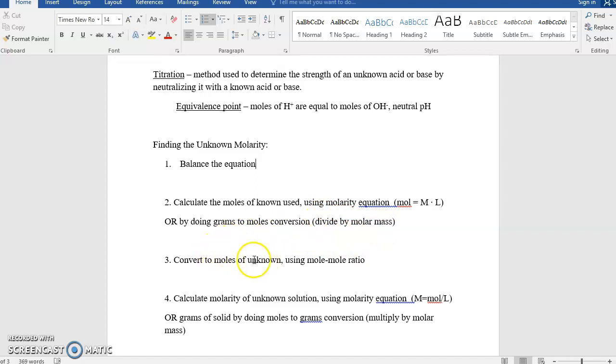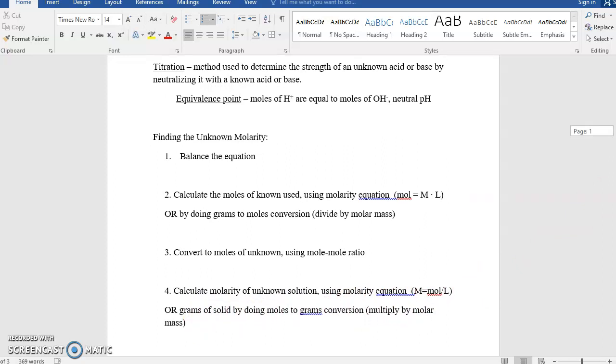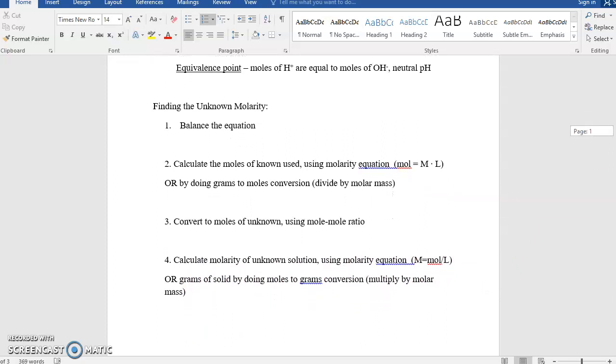Then we use the mole-to-mole ratio to convert it to moles of the unknown, and then finally we calculate the molarity of our unknown using the molarity equation again, molarity equals moles per liter, or to grams of solid if necessary, doing moles to grams. So there's lots of different ways this can go.